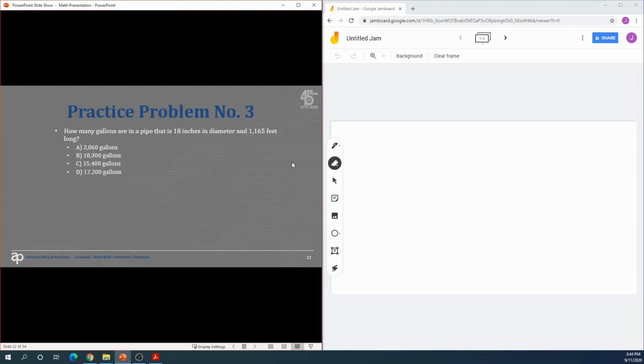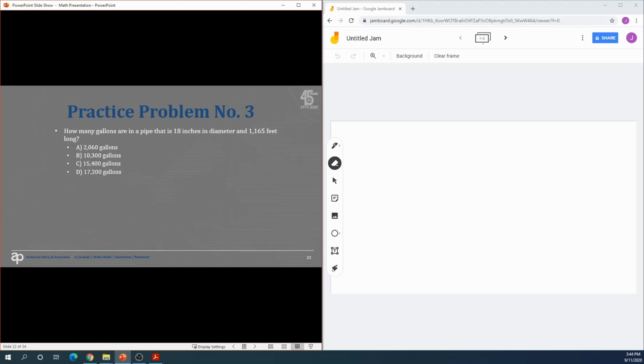So let's practice problem number 3. How many gallons are in a pipe that is 18 inches in diameter and 1,165 feet long? So first thing you notice is we have inches, feet, and gallons. So let's start by converting the inches into feet.